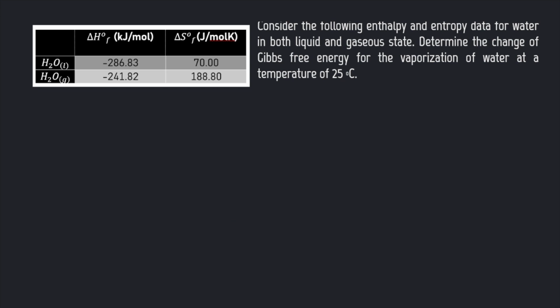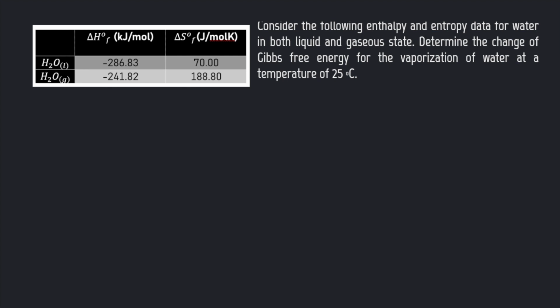Alright, so we are now at the final question for this week's video. Consider the following enthalpy and entropy data for water in both liquid and gaseous state. Determine the change of Gibbs free energy for the vaporization of water at the temperature of 25 degrees Celsius.